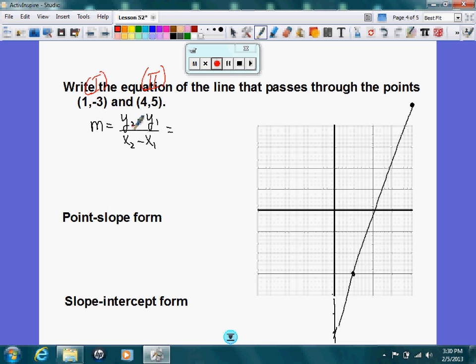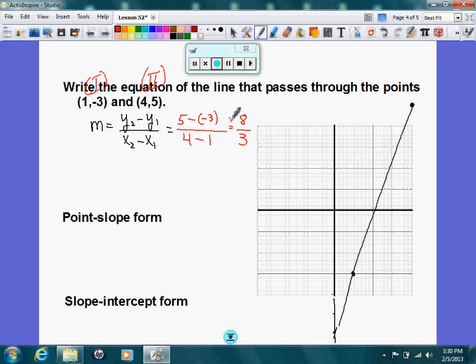So y2 would be 5 minus y1, minus minus 3, divided by x2, 4, minus x1, 1. 5 minus a minus is plus 3, so this would be 8 over 4 minus 1, which is 3. So our slope is 8 over 3, or 2 2/3. We probably best leave it as 8 over 3.